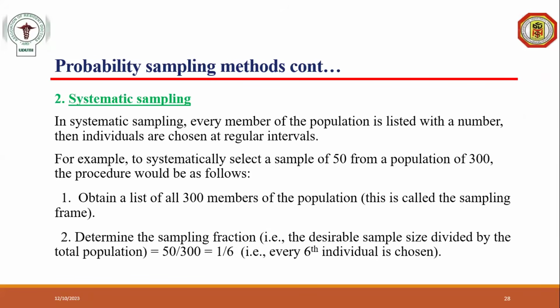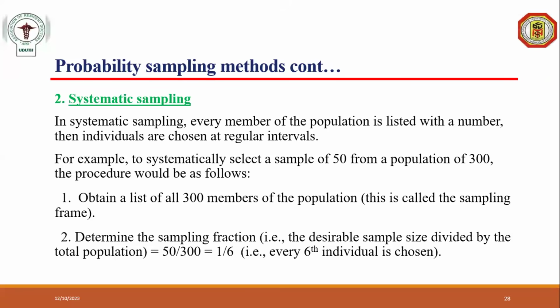Then another method of probability sampling is systematic sampling. In systematic sampling, there are two things you need to know. You must have a sampling frame and you must calculate a sampling interval or sampling fraction. So what is a sampling frame?